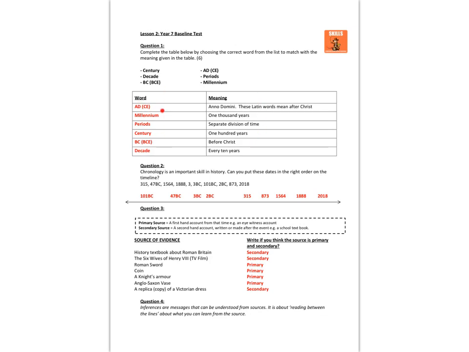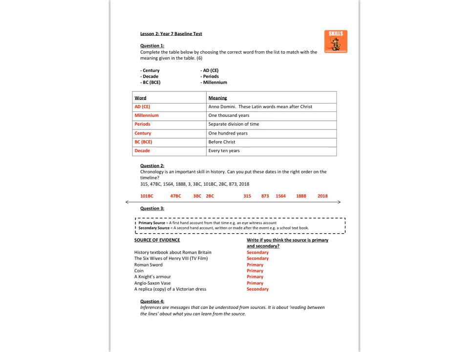You may not be familiar with the term CE and its use with AD. It's becoming increasingly common for the term Common Era to be used rather than AD, to take religion out. AD meaning in the year of our Lord. If we remove the Christian element and make it more secular, some people wish to use the CE term, the Common Era.